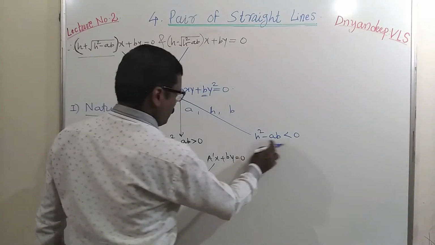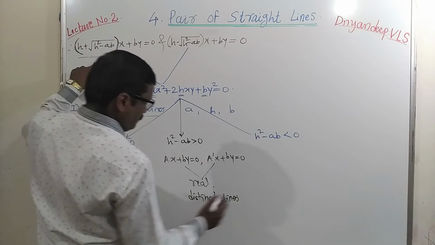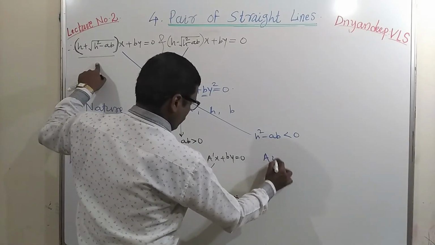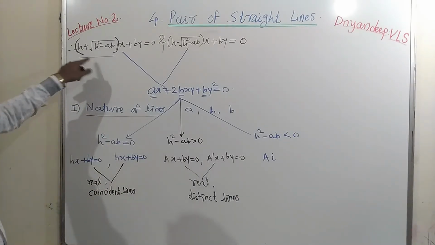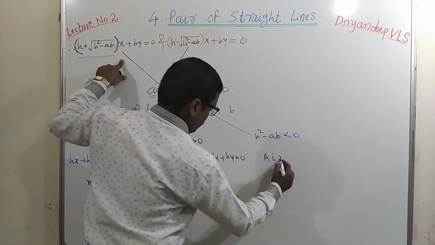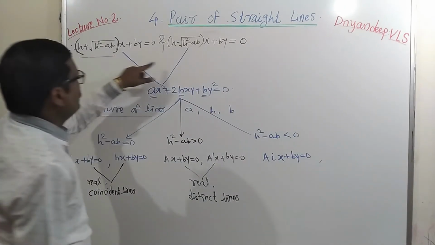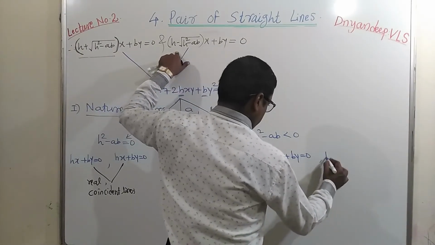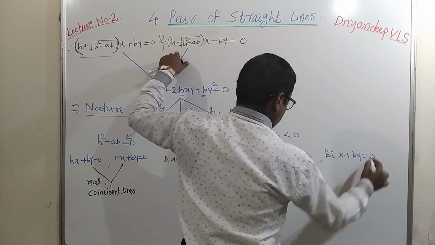So whenever x square minus ab is negative, this is a certain imaginary number, so I will write here ai, a certain imaginary number. That's why I am writing ai x plus by equal to 0. Here is another imaginary number, suppose bi x plus by equal to 0.